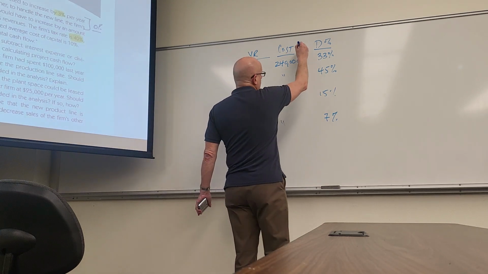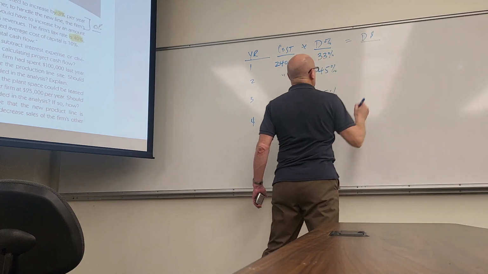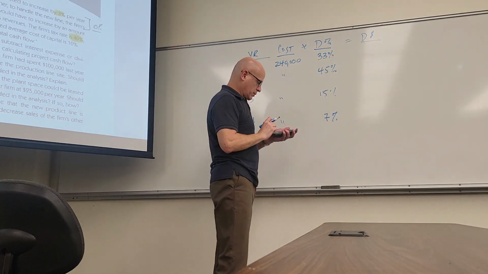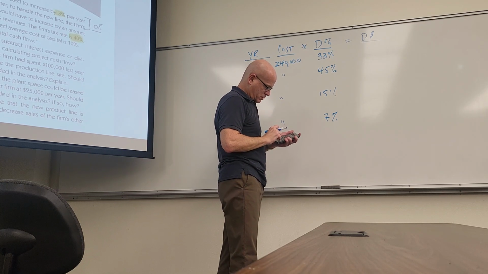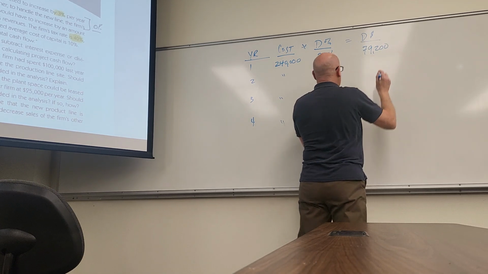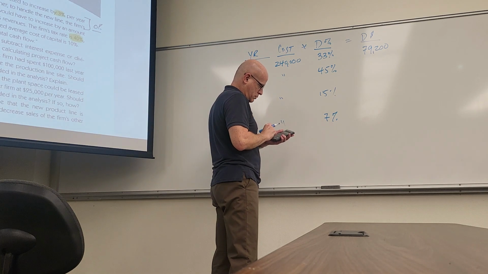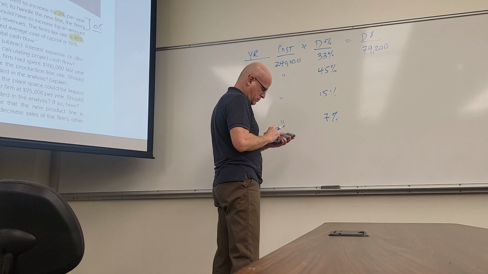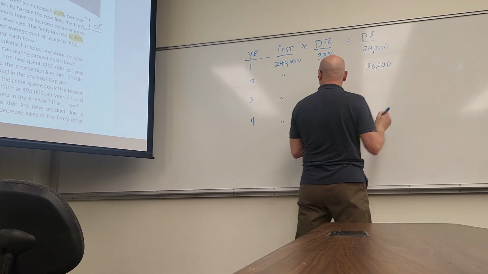So now I'm just gonna go and multiply across. That's gonna give me my dollar depreciation. That's what's gonna go in my table up here. So that is year one, 79.2. $108 for year two there.